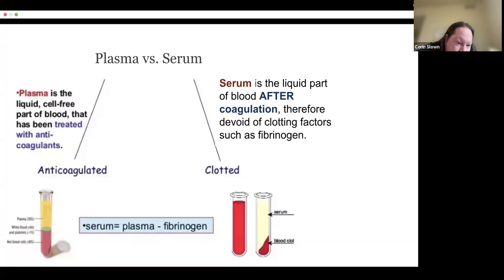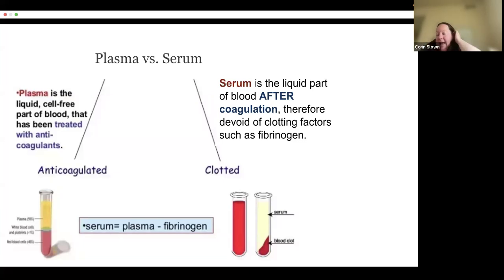You get your white blood cells and your platelets in the middle. And then your red blood cells are at the bottom. So that's your plasma. Serum is the liquid part of the blood that's after coagulation or clotting. So there aren't any clotting factors like fibrinogen present in your blood serum.